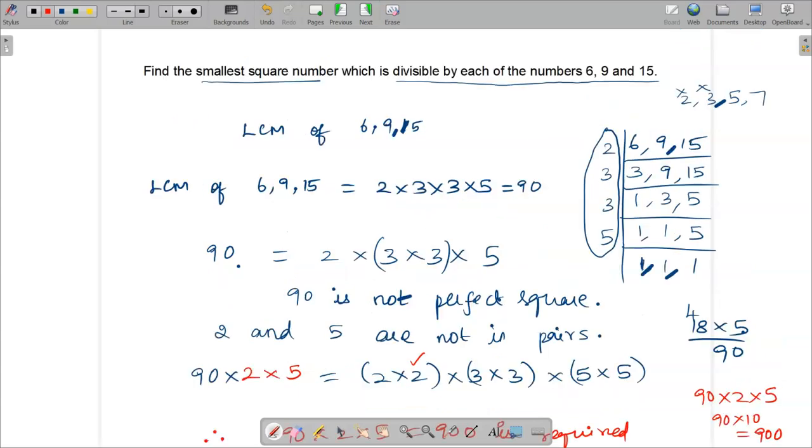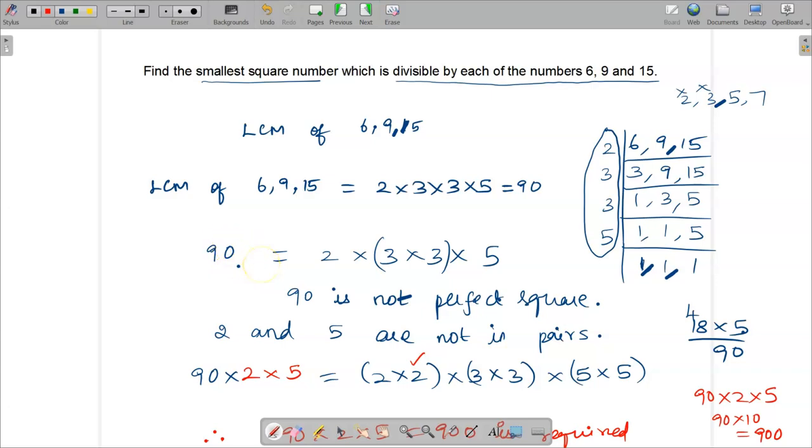Since they are asking the smallest square number which is divisible by all the three numbers, first we have to find out the number which is divided by 6, 9 and 15. So find out the LCM. Once you have determined the LCM, check whether that number is a perfect square or not.